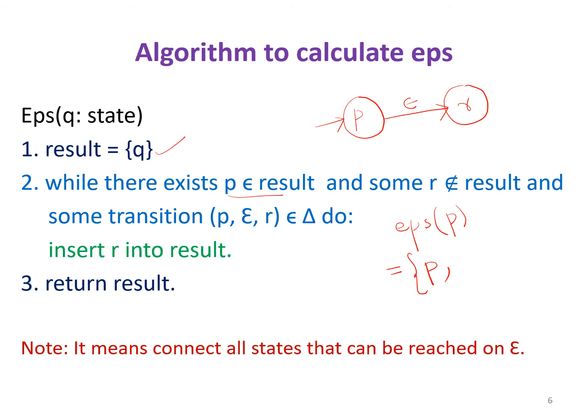Next, p is in the result, r is not in the result, and there is a transition from p to r with epsilon, so insert r into the result. Similarly, r is in the result and I have a transition from r to t with epsilon, so t is also included in the result. Therefore, all the states reachable from p on epsilon are p, r and t.